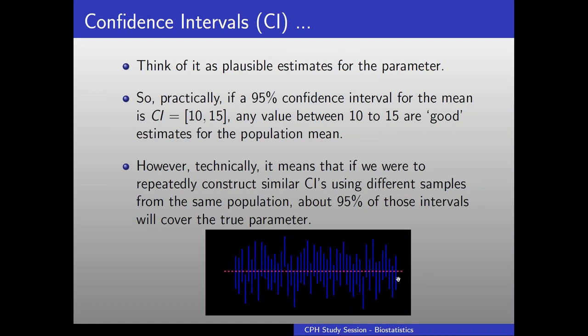You might see this first one, which in fact covers the mean, but you might see this one, which doesn't cover the mean. Okay, so when we talk about confidence, we're talking about the fact that if you do this repeatedly, about 95% of those intervals will cover the true mean. We never actually know if it really does contain the mean or not.